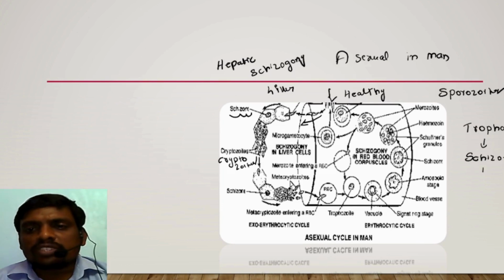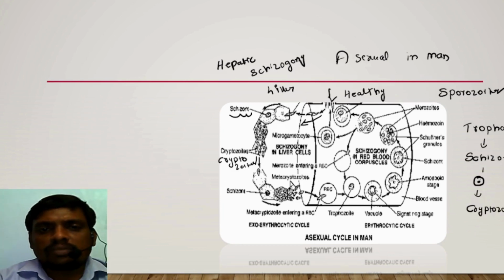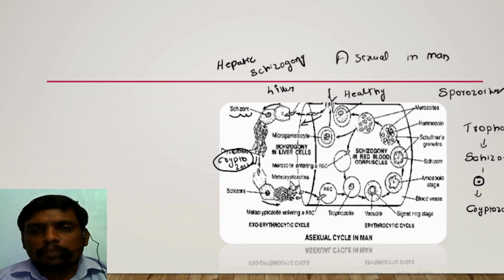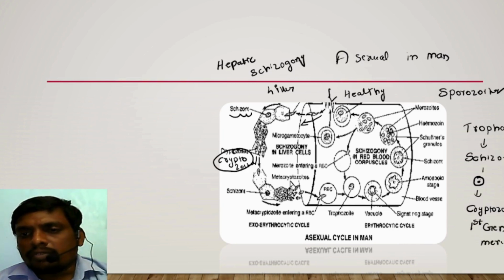The nucleus of the schizont undergoes multiple divisions and produces special cells called cryptozoites or first generation merozoites. You can see here the cryptozoites. The cryptozoites are also termed first generation merozoites, because they belong to the first generation.